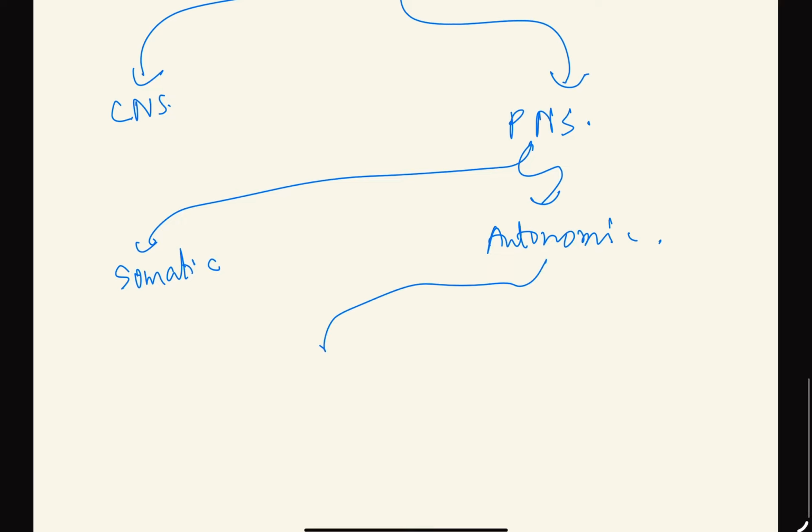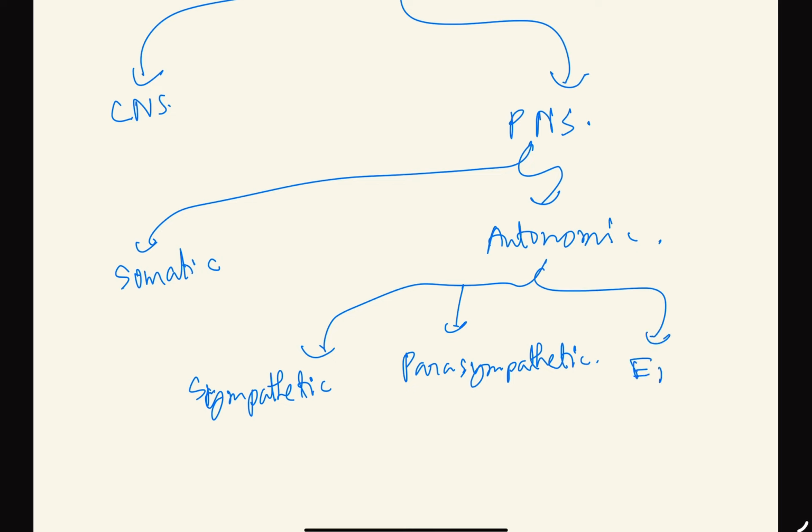So the autonomic nervous system is also divided into the sympathetic nervous system, parasympathetic nervous system, and enteric nervous system.